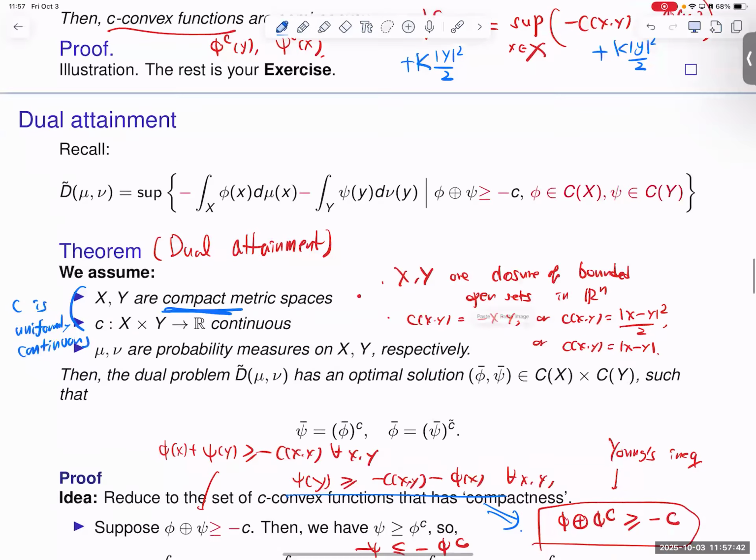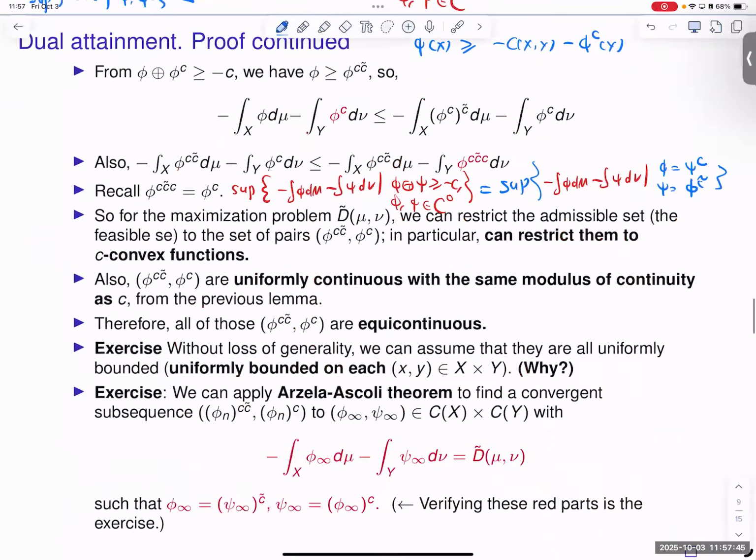A continuous function on a compact space is uniformly continuous. So C is uniformly continuous with some modulus of continuity. And then if you do the C transforms, those results are uniformly continuous again, with the same modulus of continuity. So all C-convex functions came from the same cost function C, and we share the same modulus of continuity.